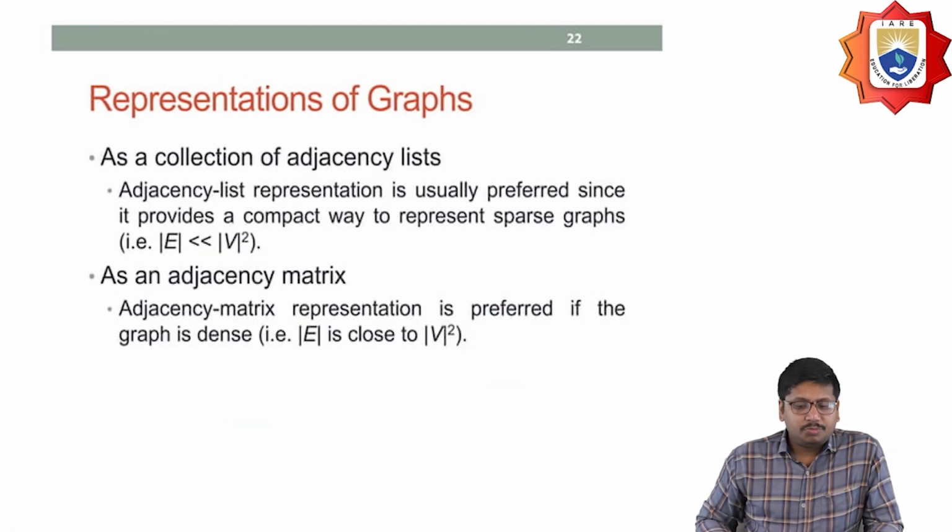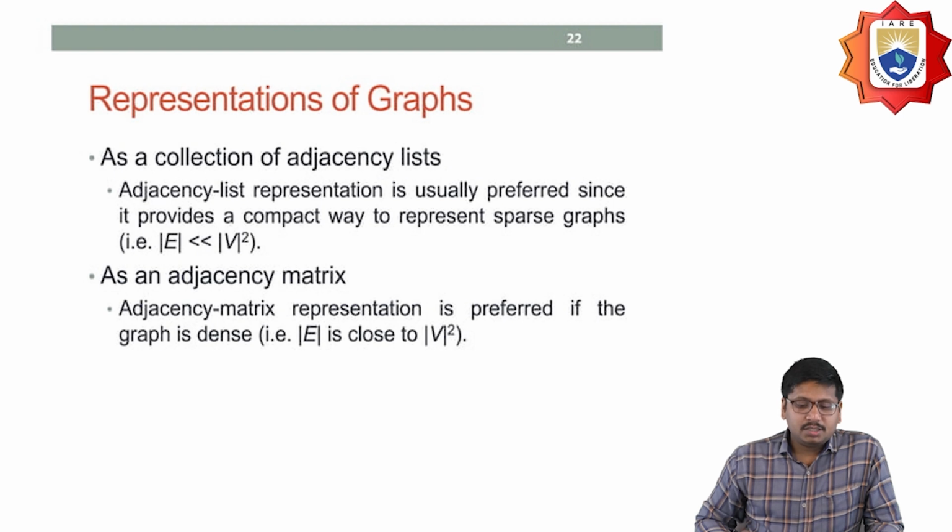And then when it comes to the representations of the graph, there are the adjacency matrix and the adjacency list. The adjacency list is usually preferred since it provides a compact way to represent sparse graphs.